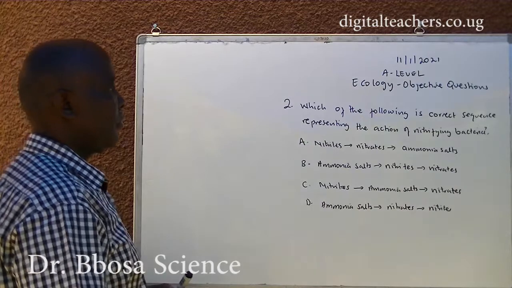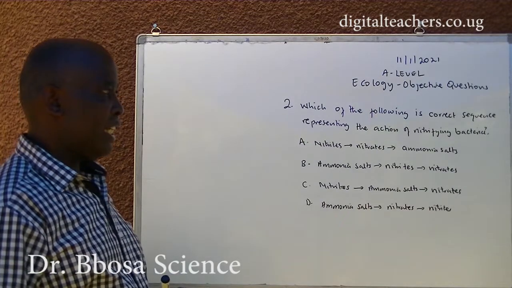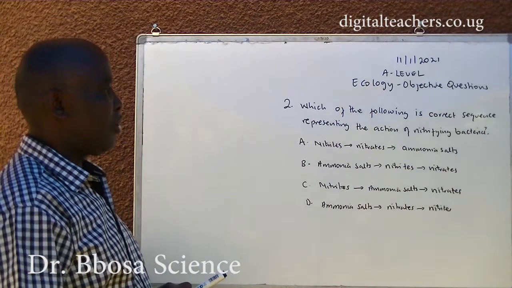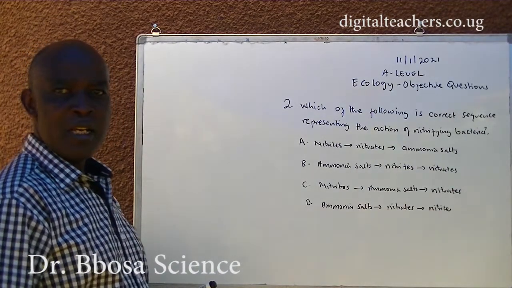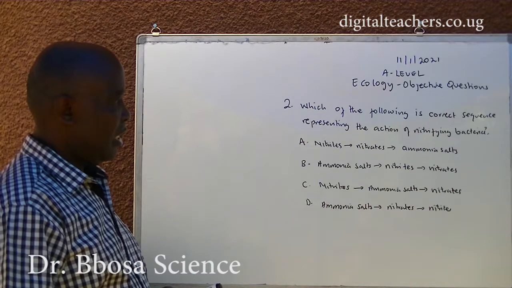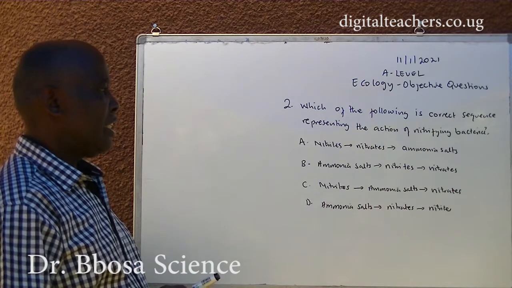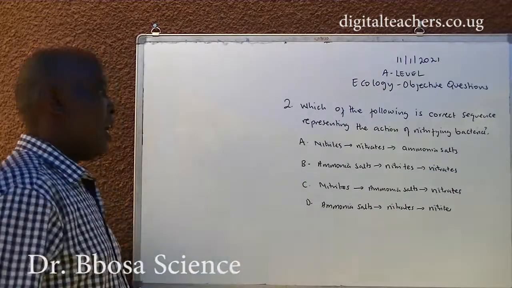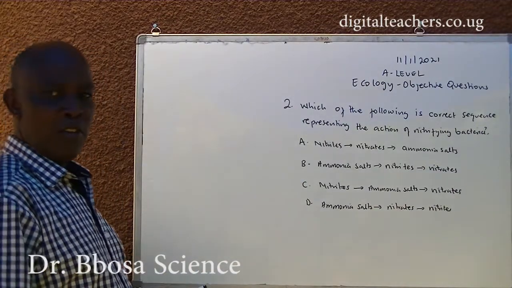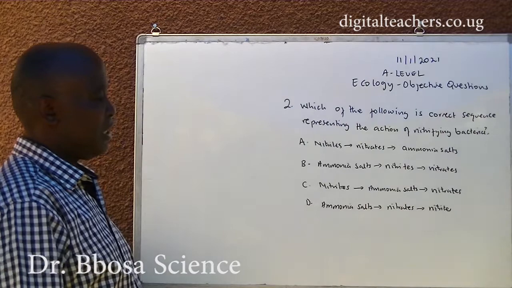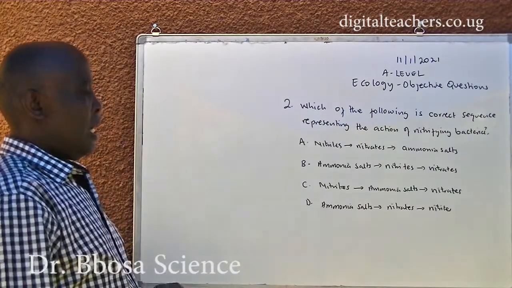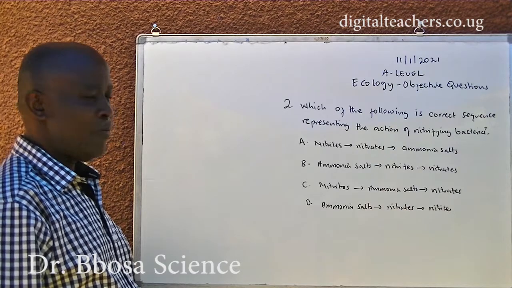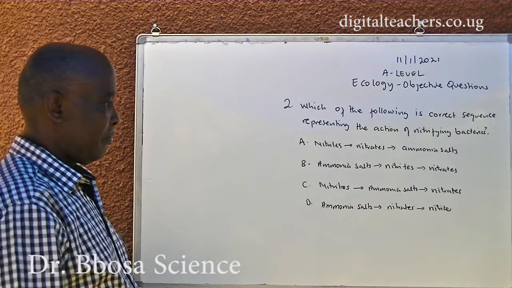Number 2. Which of the following is the correct sequence representing the action of nitrifying bacteria? A. Nitrates, nitrates, ammonia salts. B. Ammonia salts converted to nitrates, converted to nitrates. C. Nitrates converted to ammonia salts, converted to nitrates.